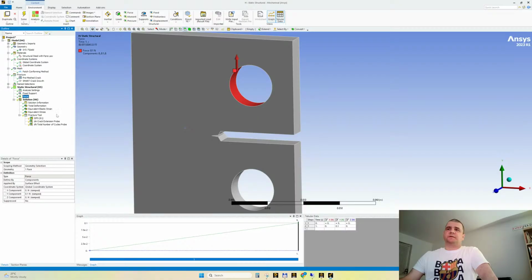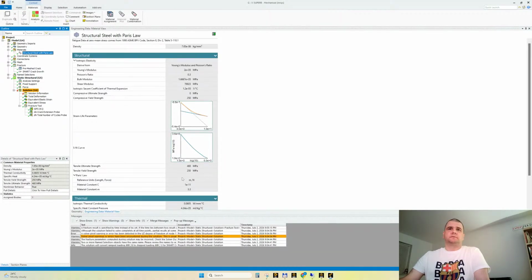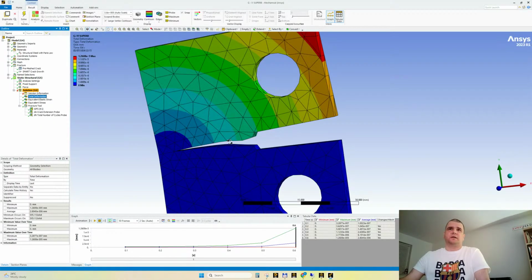I have changed the material parameters for the Paris law. I have changed the C. For example, in this simulation, I had the coefficient C 1e minus 11, you see? And I had achieved this cracking after many trials.